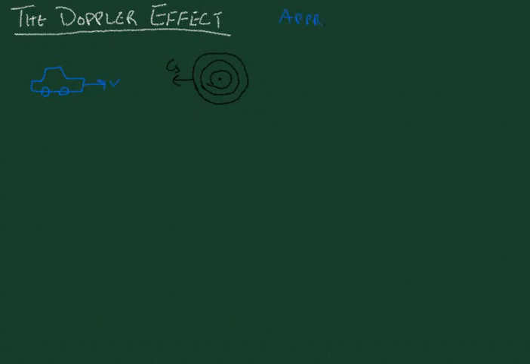So as we're approaching, recall from our unit on circular motion and reference frames that we said that the speed of sound that we hear is going to be equal to the speed of sound in the non-moving frame plus our velocity. So it's going to seem to be moving faster.